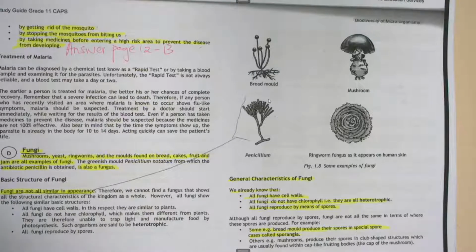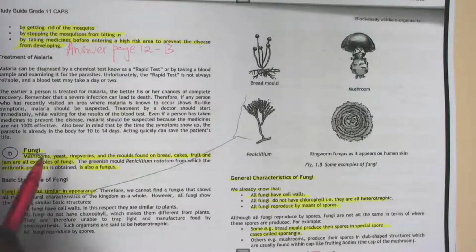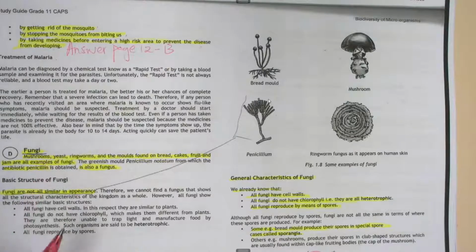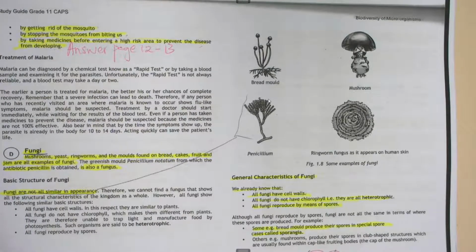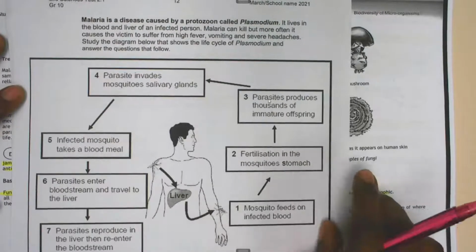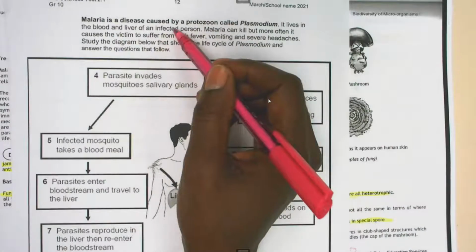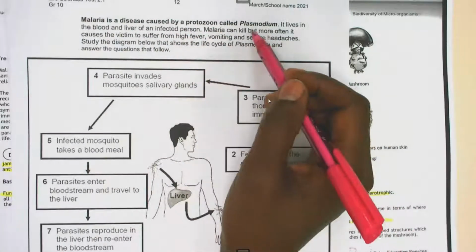Okay, so this question is based on malaria. It is on pages 12 and 13 of our document. It goes like this: Malaria is a disease caused by a protozoan called Plasmodium.